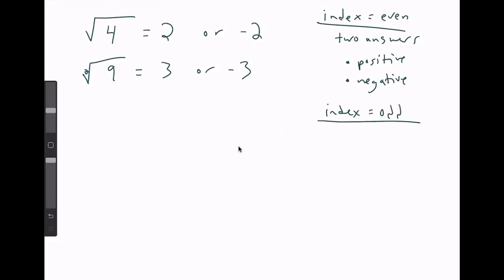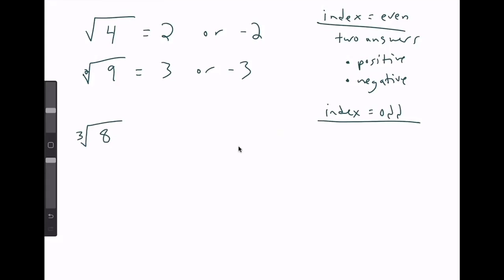Well, what if I find the cube root of a number, right? What if I find the cube root of 8? What that really means is, remember, square root, it was itself multiplied by itself.